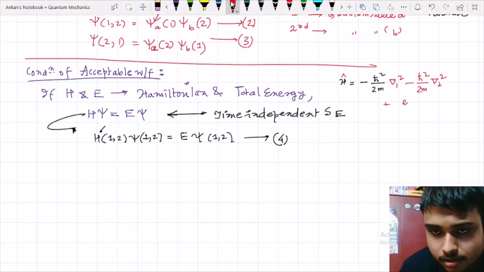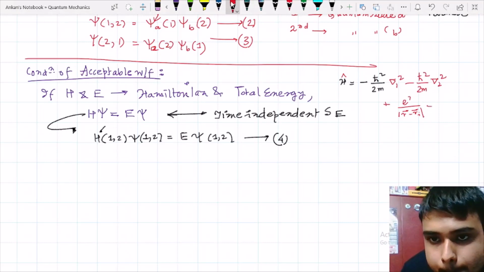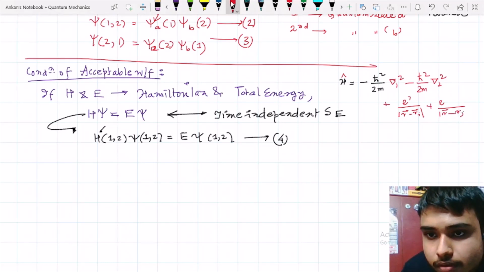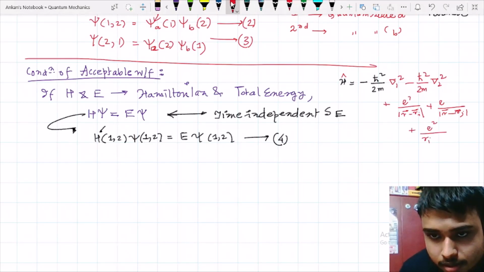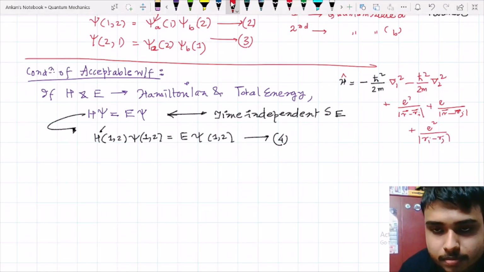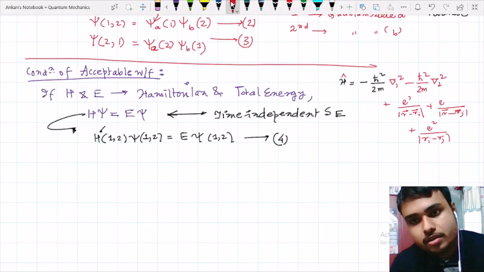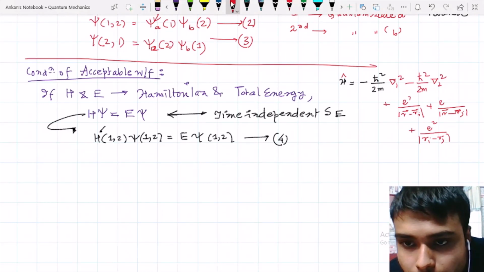plus e square by r_i minus r_j, and plus the interaction energy between them, r_i minus r_j.